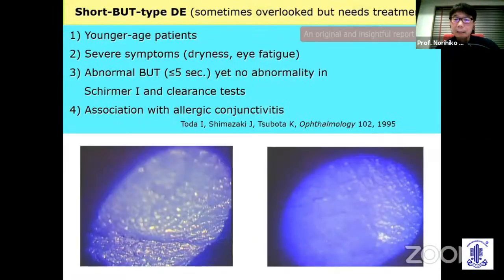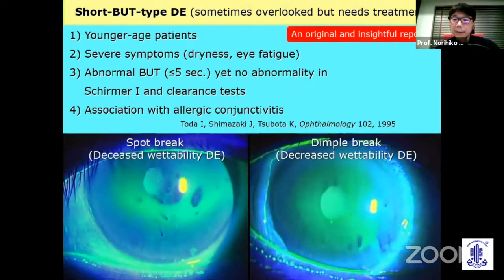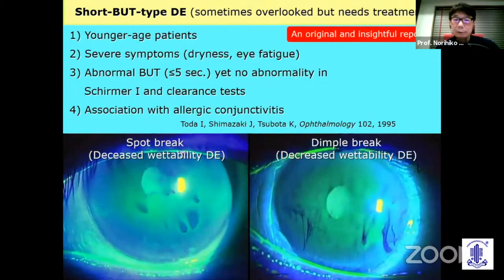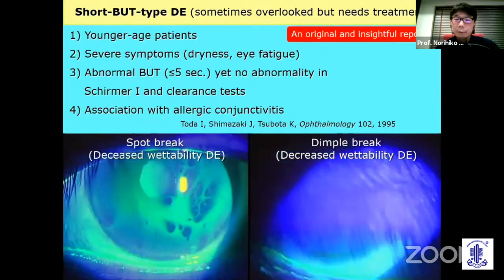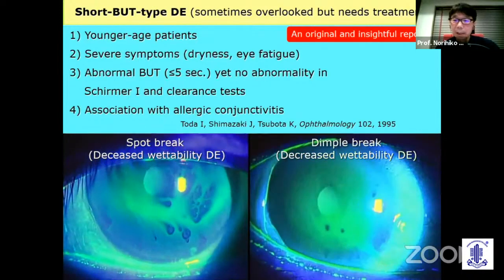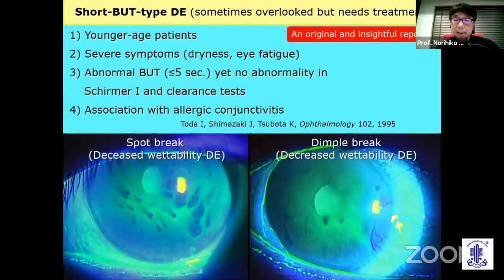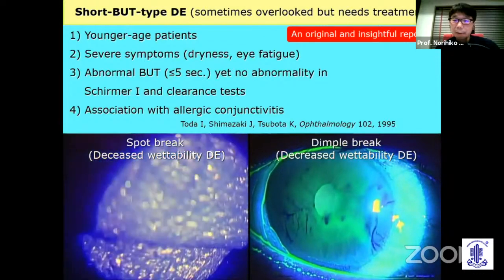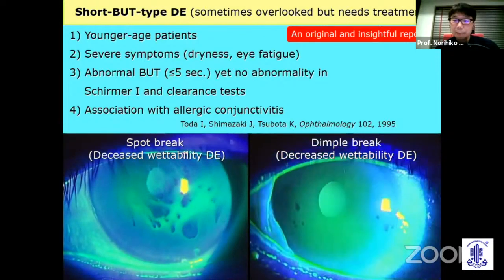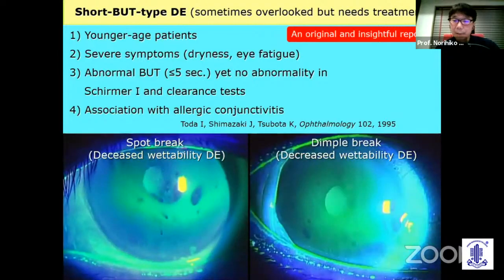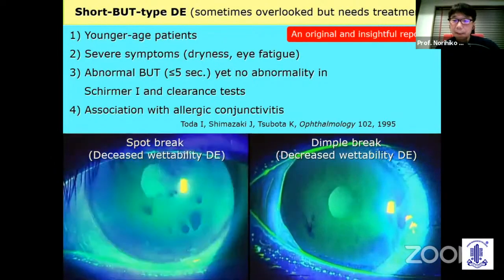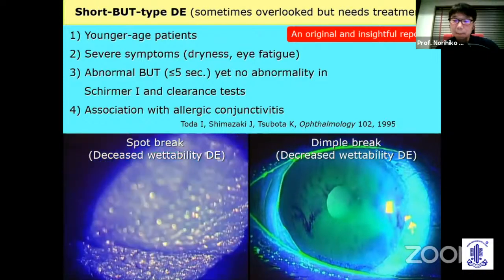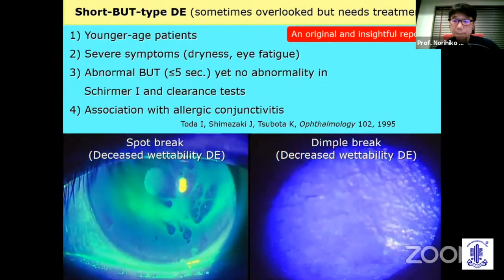The reason why unstable tear film is so important is that there is a short BUT type dry eye, which is sometimes overlooked but needs treatment. Representative cases of short BUT type dry eye are shown in those movies. You can see minimal or no involvement of corneal epithelial damage in spite of a very short breakup time.